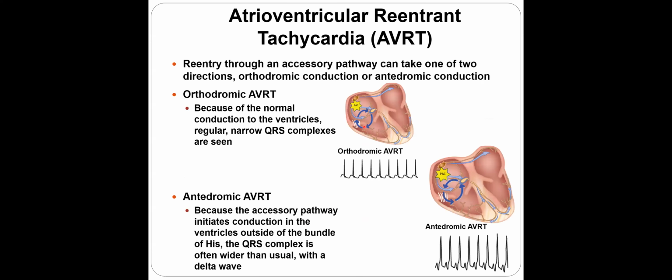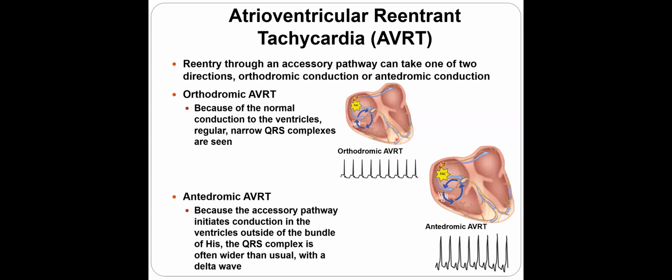Now, there are two types of this kind of AVRT tachycardia, depending on how the ventricle is activated and how the Kent bundle is leading the charge. If we have a circuit where the AV junction activates the ventricle and the Kent bundle picks up the charge again, this is called orthodromic AVRT tachycardia.